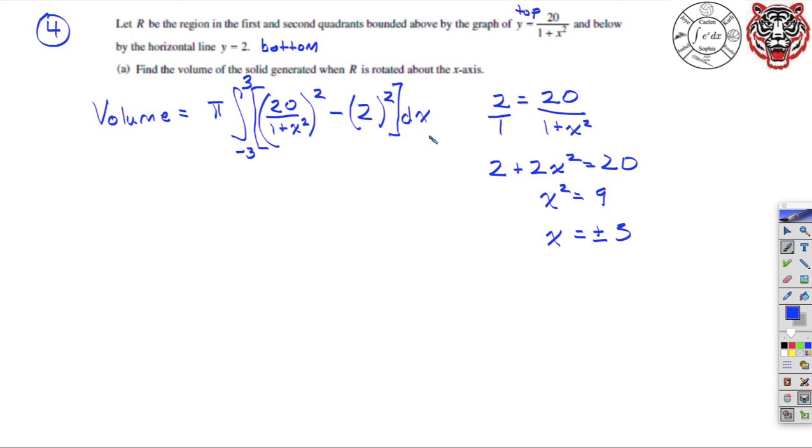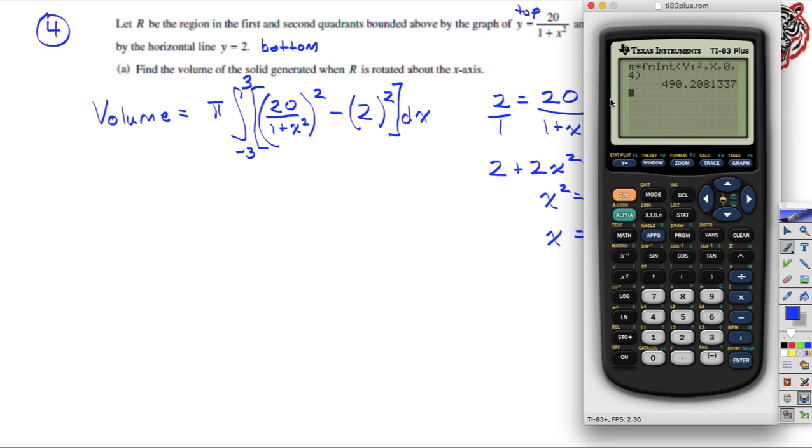And then from there, we just need to plug this into our calculator. So, calculator. And I'm going to do this without entering anything into my y1 function. I'll even clear that so I don't make that mistake. So again, this is going to be pi times math 9, this integral, and I'll have to be really careful with my parentheses here. So I need parentheses around this first function in order to have the square. So I'm going to set up that parenthesis now. It's going to be 20 divided by, and now I'm going to set up parentheses for the denominator. So there's a lot of parentheses here.